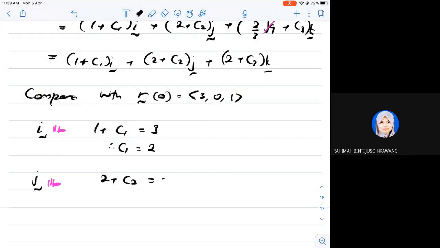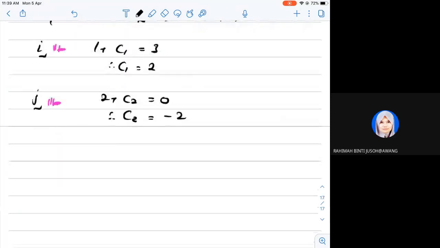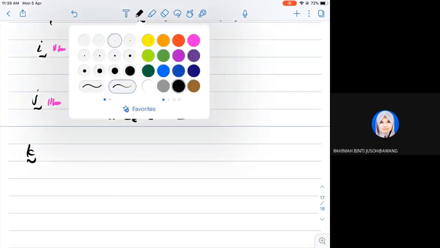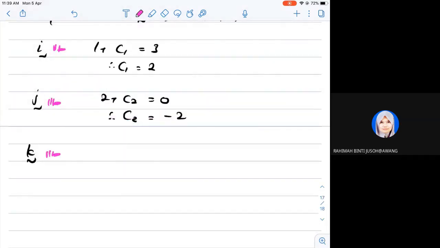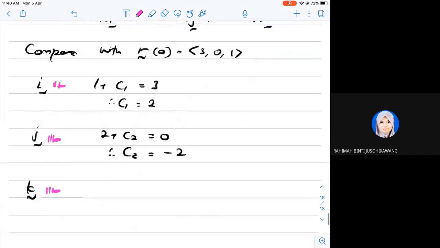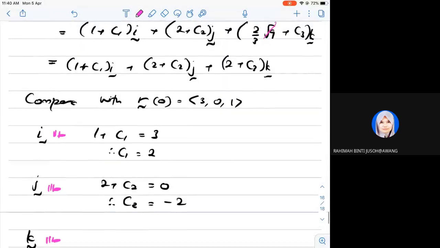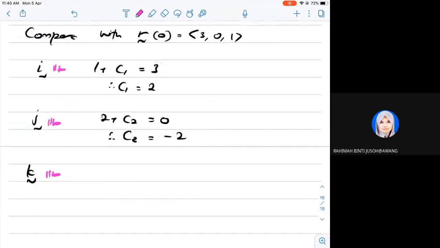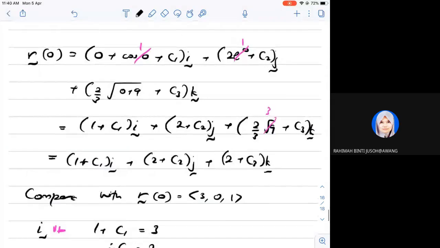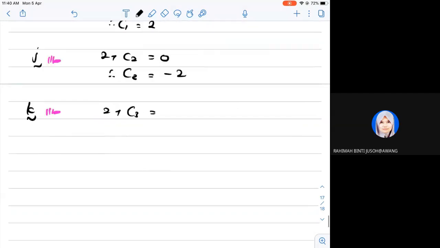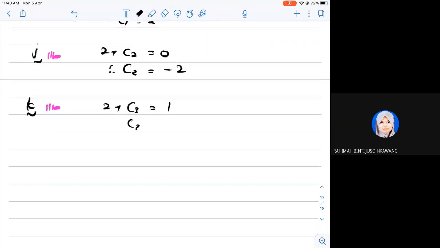C2 equals to 0. Therefore C2 equals to negative 2 kan? And then the last one, k component, you compare 2 plus C3 equals to 1. So C3 equals to 1 minus 2 is negative 1 kan?